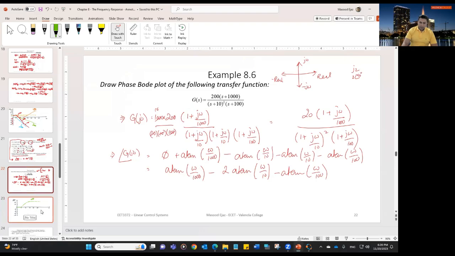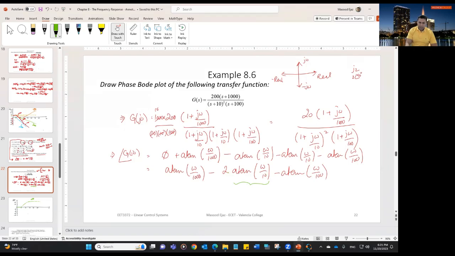Okay. So now this one, as long as omega is less than 1/10 of 10, that is 1, your phase is going to be 0. And when it becomes 100, that is 10 times 10, the phase will be 90 degrees. And at 10 is going to be 45 degrees.